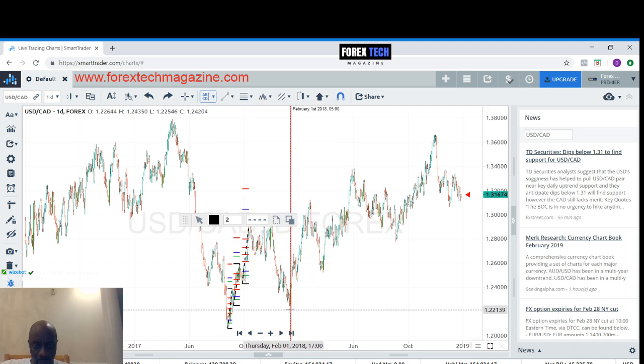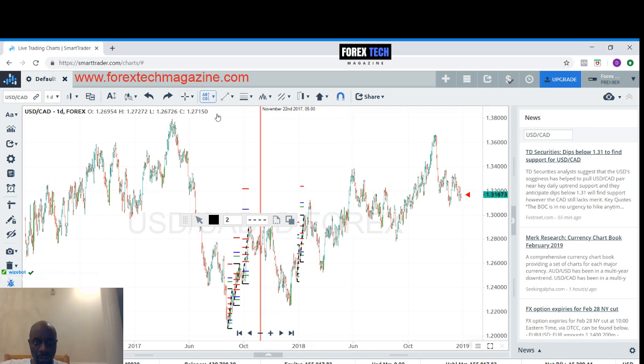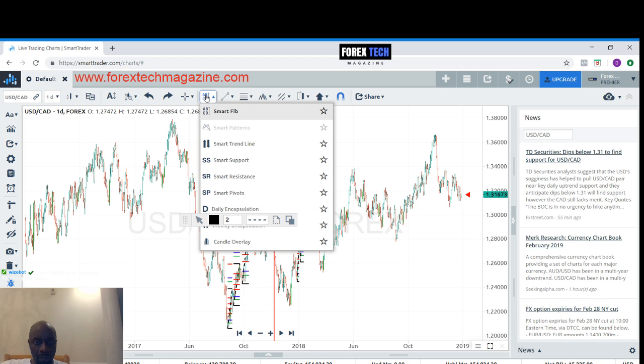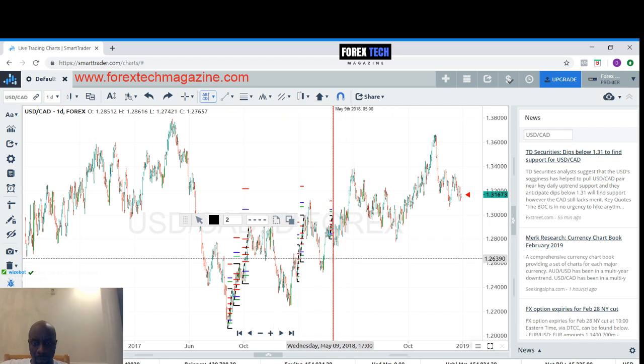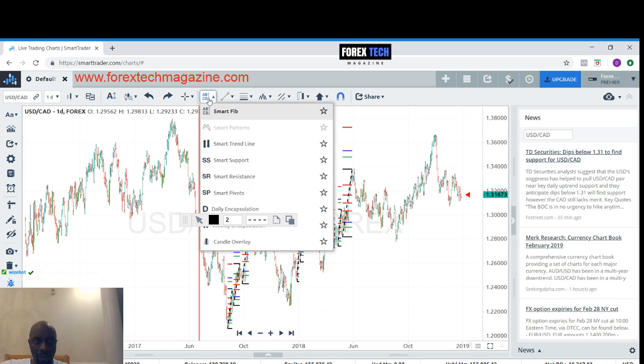So for those of you who don't know what I'm doing, I'm just going in and putting my fibs on, checking some stuff here about the overall direction of this market. What I'm doing is going in, finding my lows, putting it on.